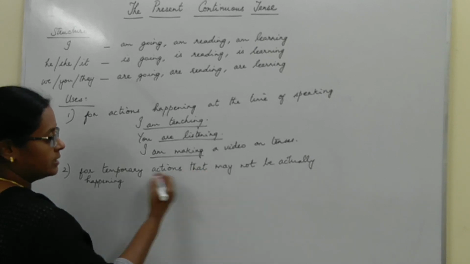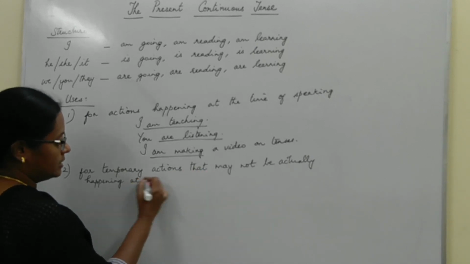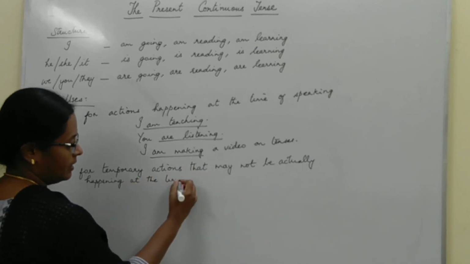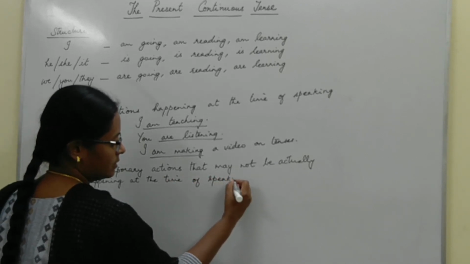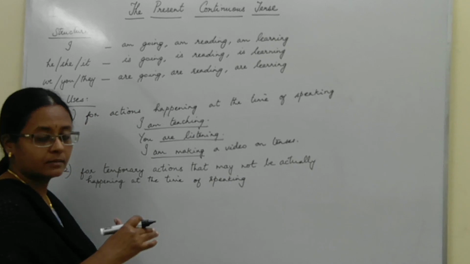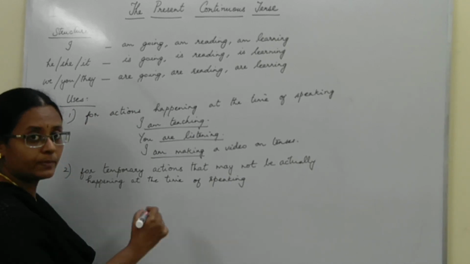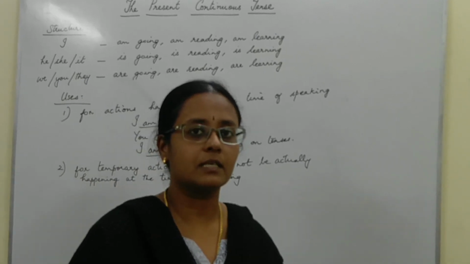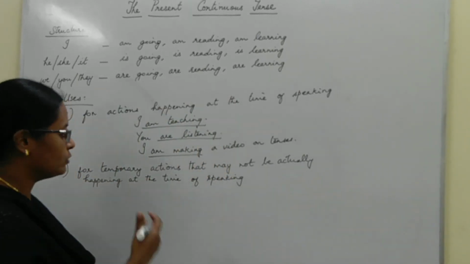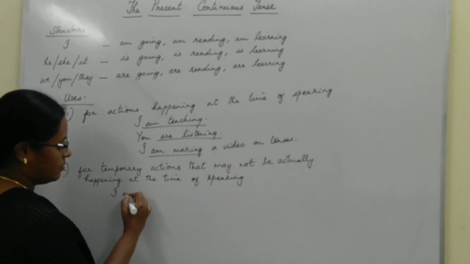So for temporary actions, they may not be actually happening at the time of speaking. You can say, "I'm reading the newspaper," which means you have started that habit of reading the newspaper. Or it's like saying, "I'm reading the newspaper these days." It's not your regular habitual action. Okay.